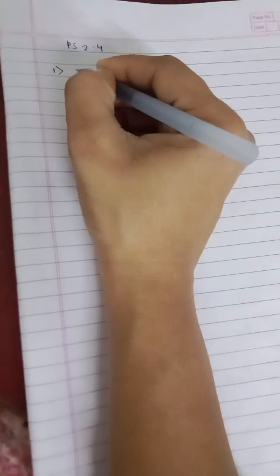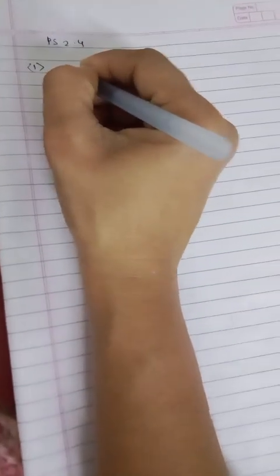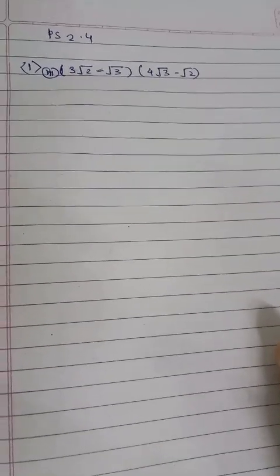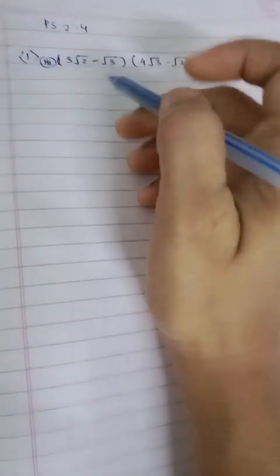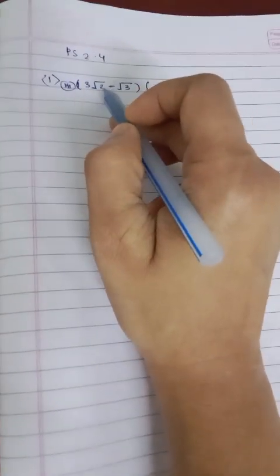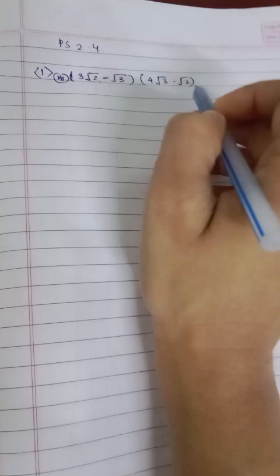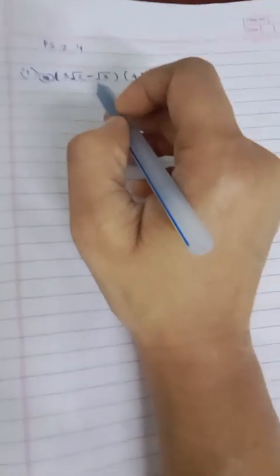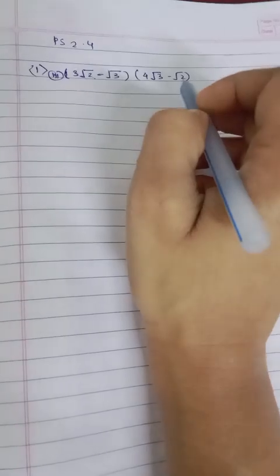Here I have an example: 3 root 2 minus root 3 multiplied to the second bracket 4 root 3 minus root 2. Here I have to multiply this 3 root 2 with the complete bracket, and next multiplication of the second term, which is minus root 3, with the complete bracket.